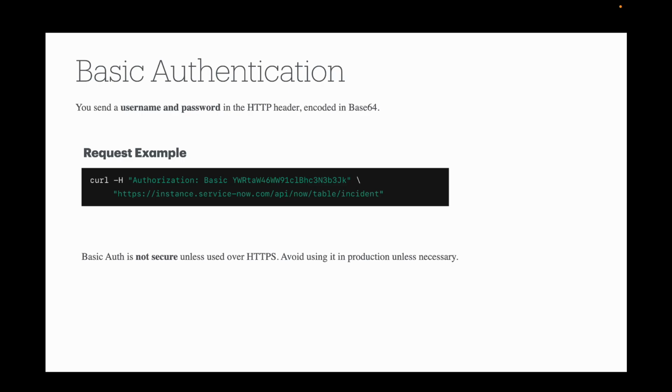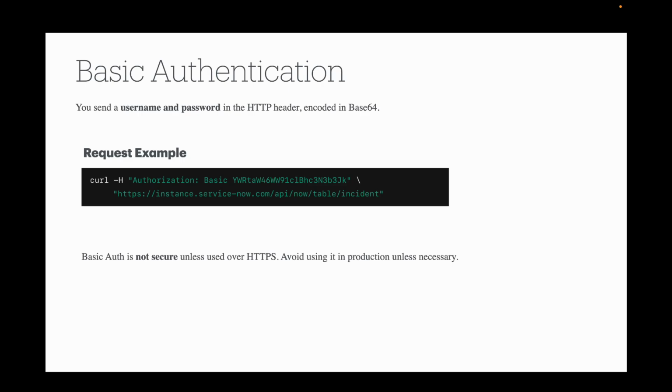This is the encoded string which contains the data for username and password. And then we have our endpoint. This string contains information about the username and password, and when the request is sent, this string is decoded by the API, converted into username and password again, and authentication is implemented. This way you implement basic authentication in ServiceNow or in any system.